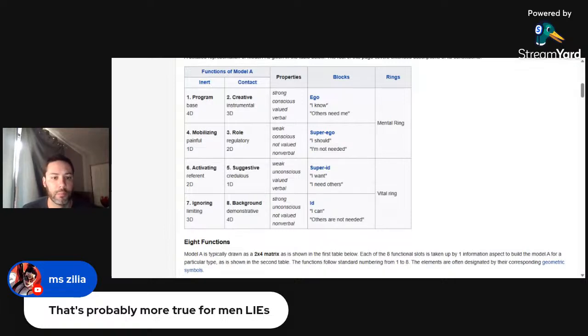Alrighty. Now, something I wanted to bring up when it comes to the development of this stuff here, the mental ring, which is these four up here. These are all things that should be very public, let's call it.